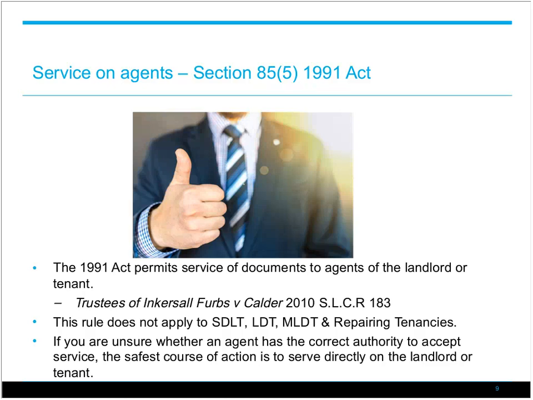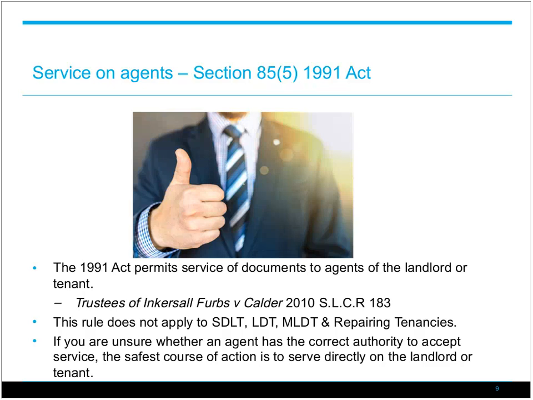That's absolutely correct. And there's quite an interesting Land Court case about Section 85, and that's Trustees of Ingersoll Firs against Calder, which is a case from 2010. Now, in that case, a father and son were joint tenants in a fully secure agricultural tenancy regulated by the 1991 Act. The father died, and the landlord's agent served a rent review notice on the executors of the late father and the son.